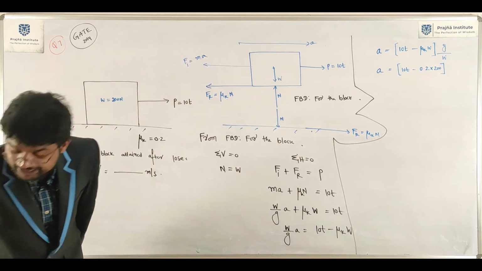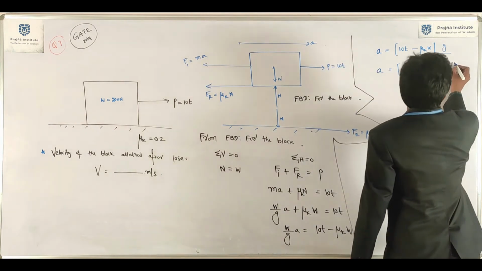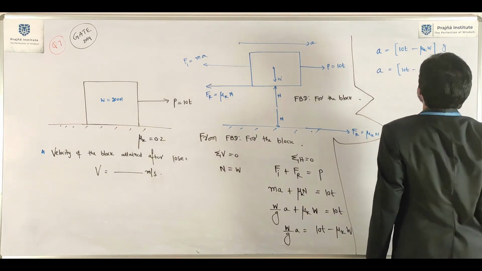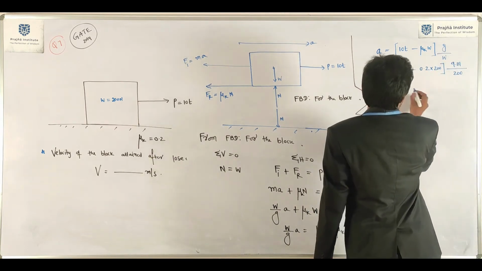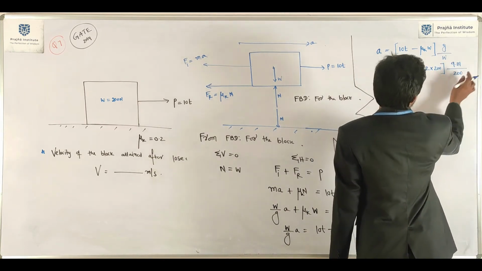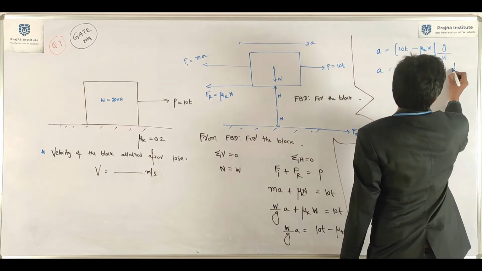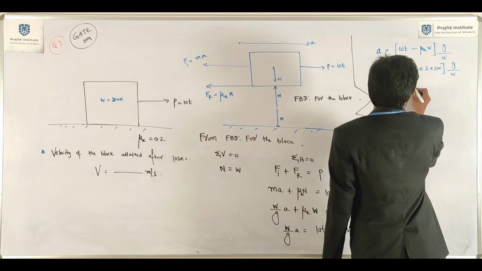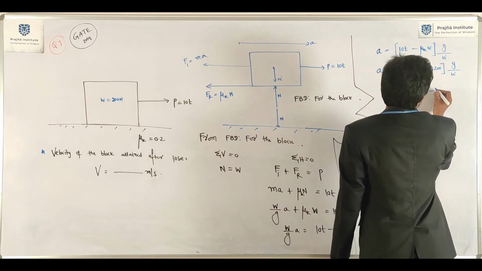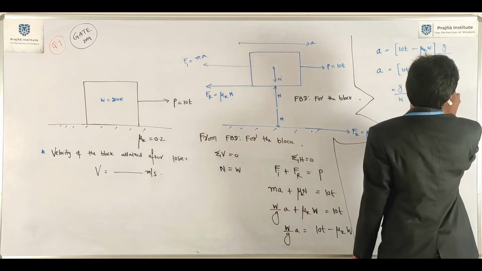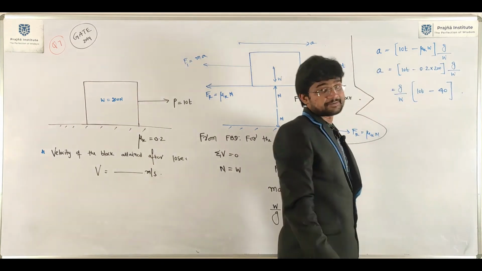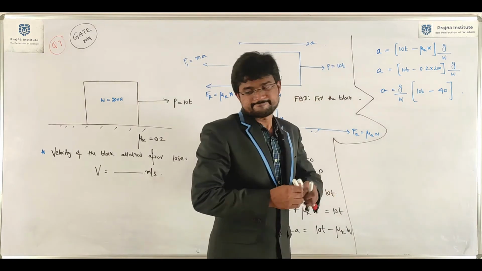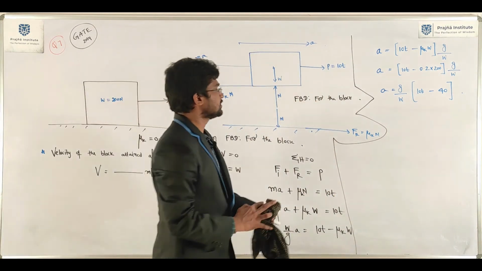The g value is not given, that means we need to take 9.81 by 200. So how much are you getting? You can keep g by W separate. So g by W is taken separately: 10t minus how much? 40 you will get. Just keep it separate. Now, acceleration equals this. Now, we need to play the game.